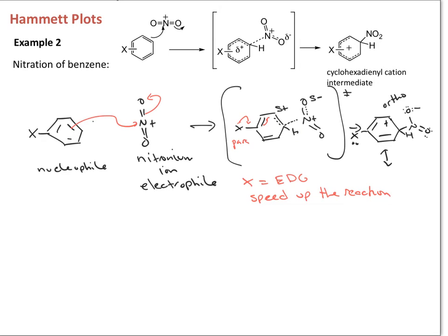Again, if that X group has a lone pair, if it's electron donating, we can draw a resonance structure where the charge is delocalized onto X. And of course, this would be a highly stabilizing resonance structure.